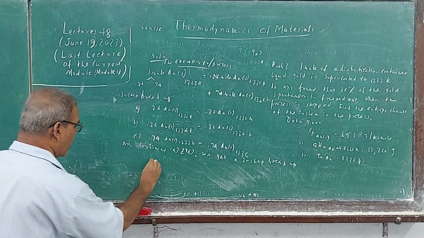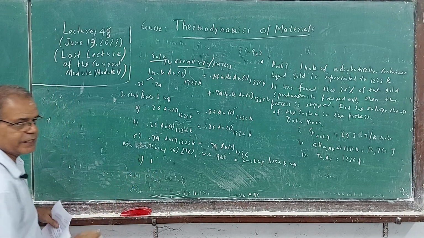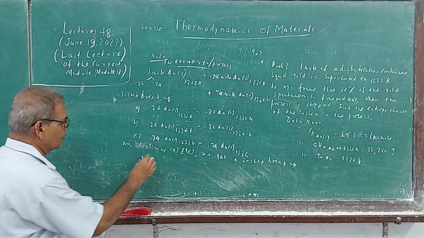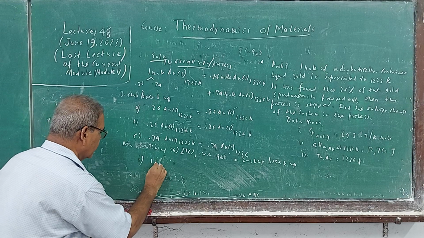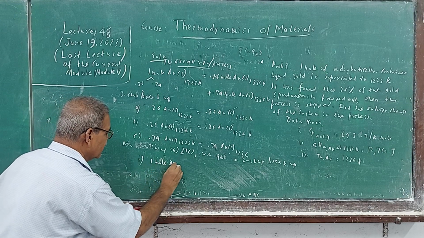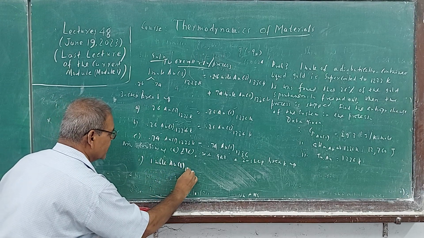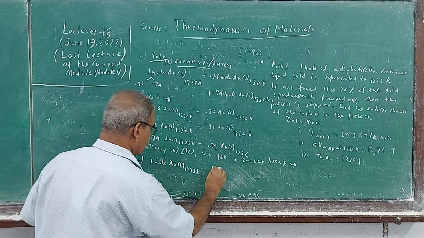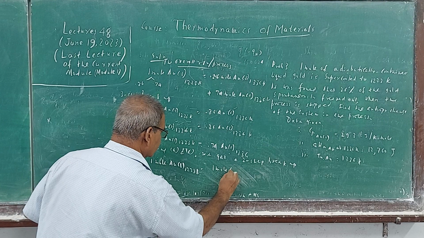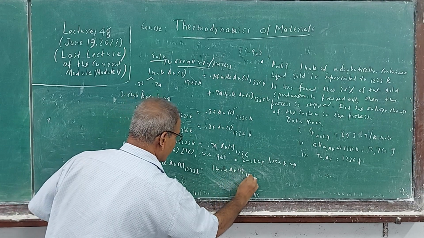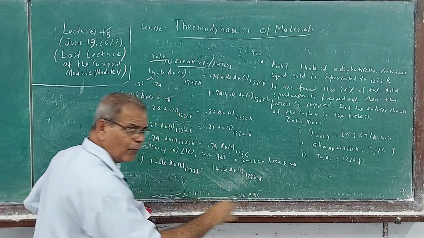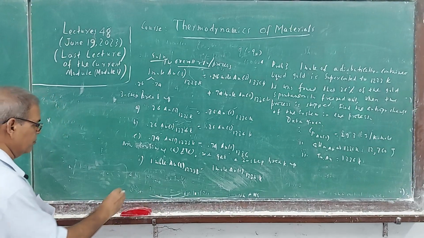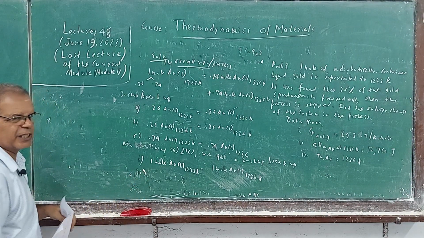0.26 and 0.74 make 1, so call it 1 now. So 1 mole gold liquid at 1223 Kelvin goes to 1 mole gold liquid at 1336 Kelvin. This is all at 1 atmosphere, constant pressure, condensed phase.